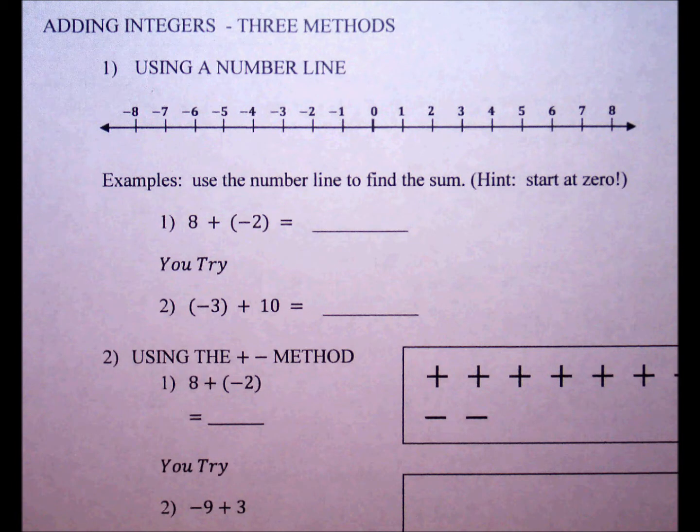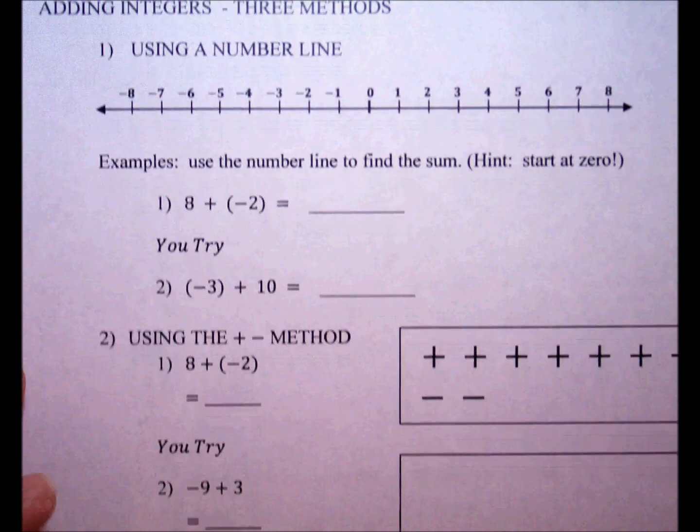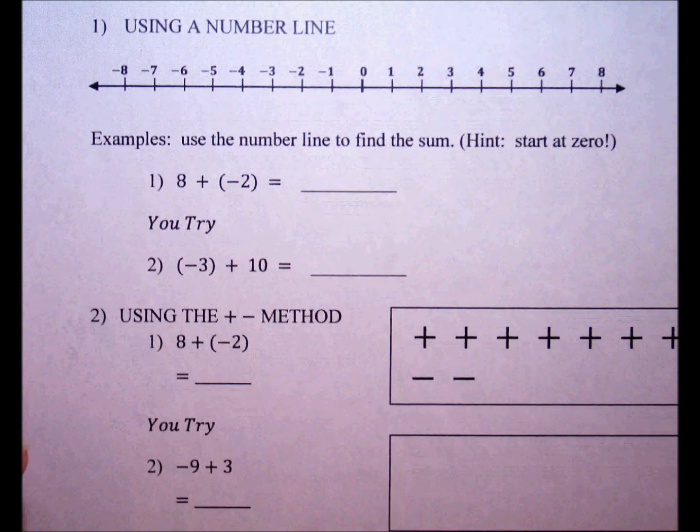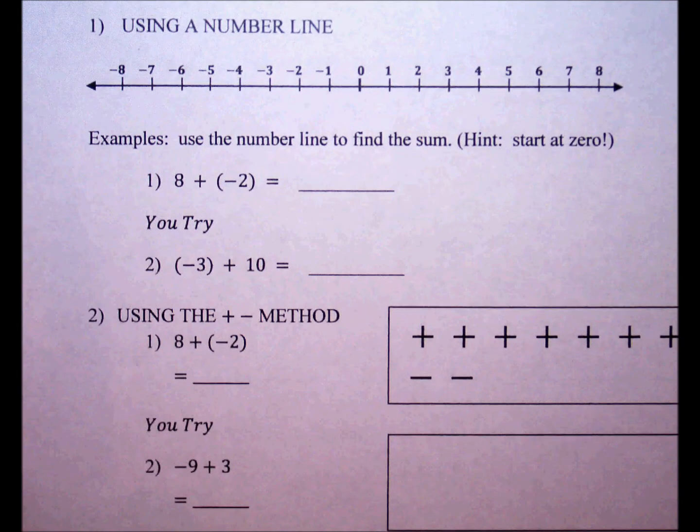Sometimes it helps to think in terms of a number line or to have a method that you're very comfortable with. For smaller numbers, we can use methods 1 and 2. For larger numbers, you're going to want to be familiar with method 3, which is the method that they discuss in the textbook. Okay, so using a number line.